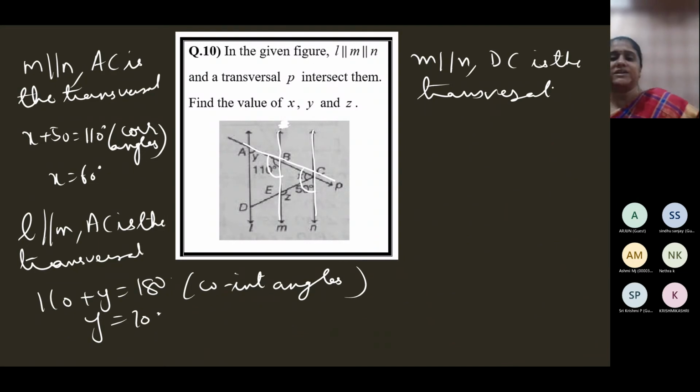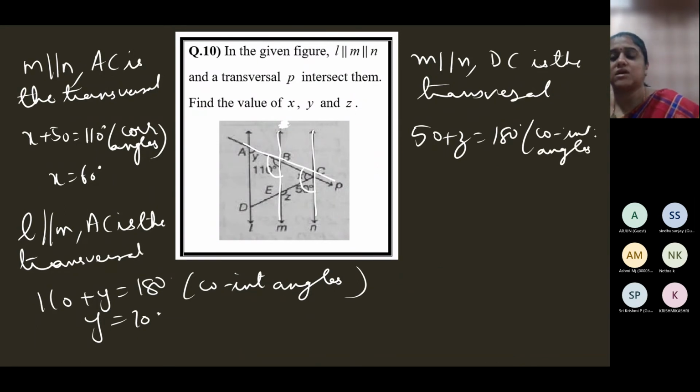You can see here, 50 plus Z is equal to 180 because they're co-interior angles. All right, so Z is equal to 130 degrees.